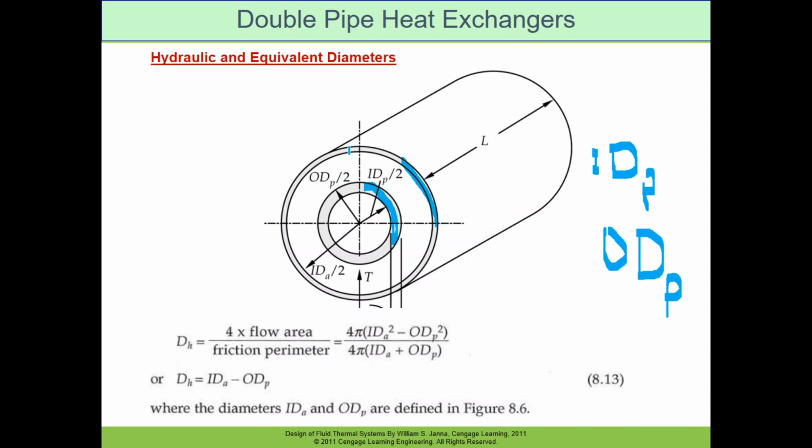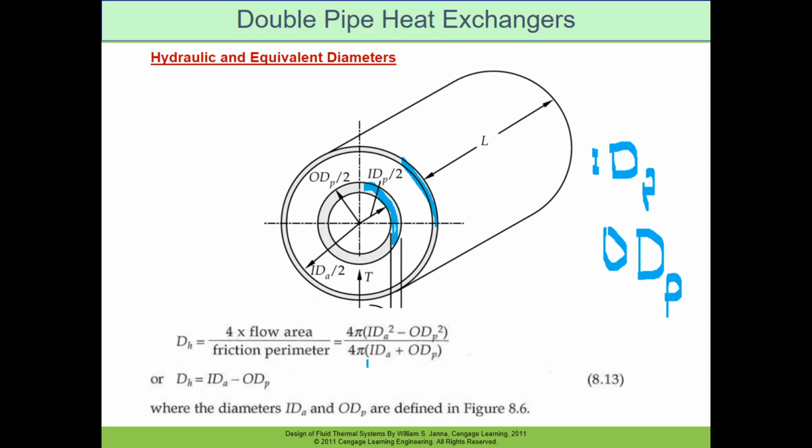The flow area is the area of the annulus subtracted by the area of the pipe. So 4 times pi, inner diameter of the annulus squared minus the outer diameter of the pipe squared. This gives us the area of the annulus space, and then we divide by the friction perimeter.